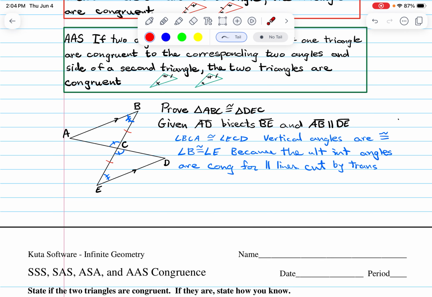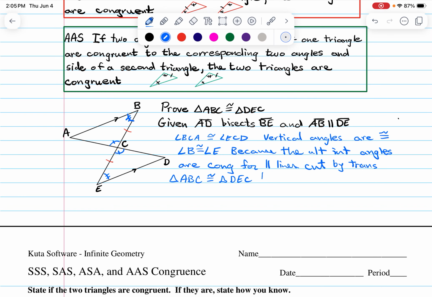It looks like to me that we have already proven what we need to. We could say, okay, triangle ABC is congruent to DEC by angle, side, angle. There. So we have done what we were asked to do.